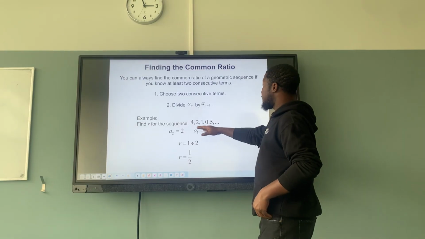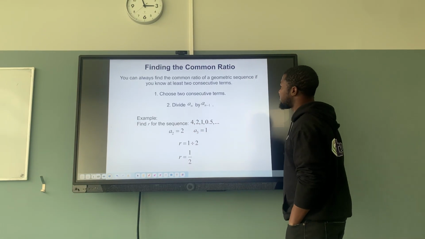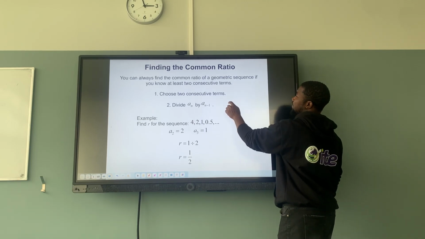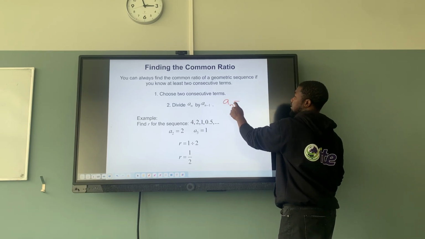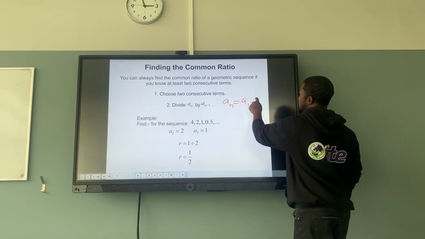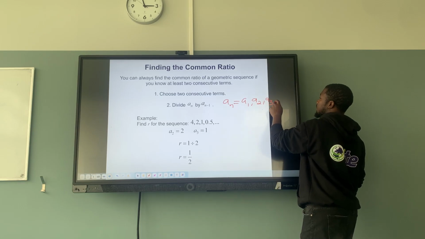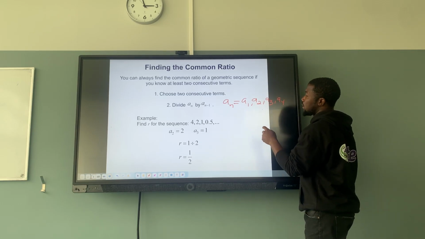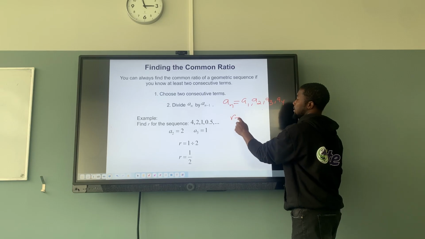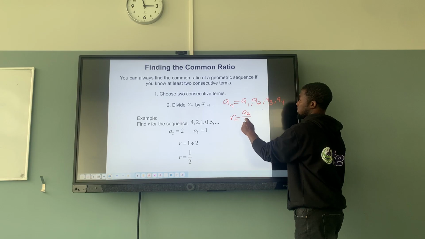In this example, you have the sequence 4, 2, 1, 0.5. If a sequence is A_n and the first term is A1, the second term is A2, the third term is A3, the fourth term is A4, to get the common ratio, which is represented with R, R is equal to the second term A2 over A1.